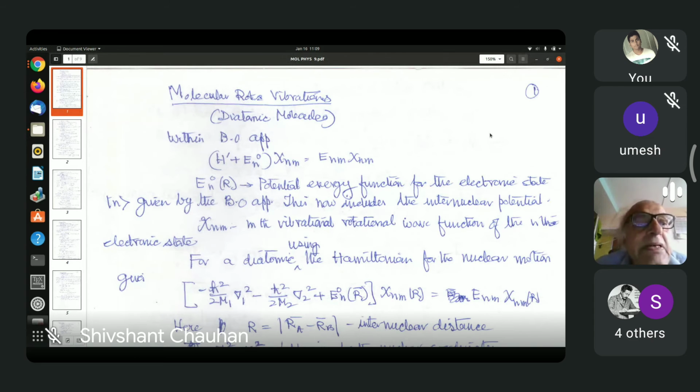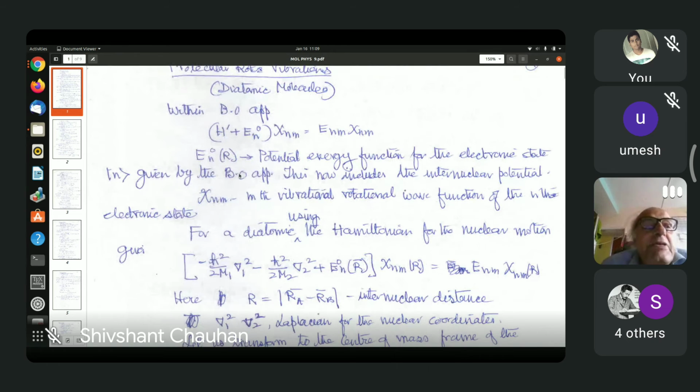This total energy you called En for the nth electronic state. And if we put this En0 in the Schrödinger equation, we get this simple equation within the Born-Oppenheimer approximation: H prime plus En0 chi nm equal to Enm chi nm.